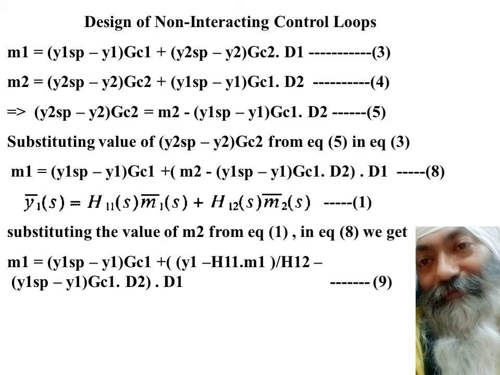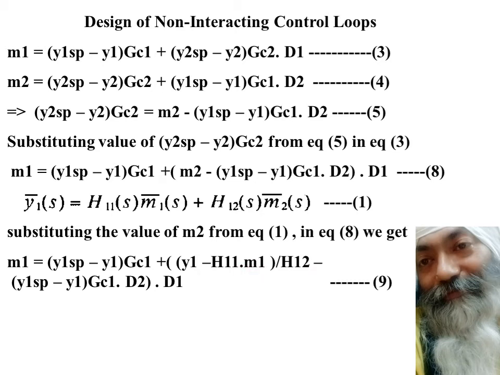Now I'm having one m1 over here and one m1 over here, and I also have the values of d2 and d1 in the same equation, because I had substituted the value of m2. Earlier equation number 8 had m2 and m1, but after replacing the value of m2, in equation number 9 I do not have m2, I have only m1 over here and m1 over here.